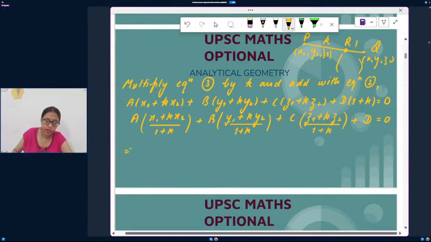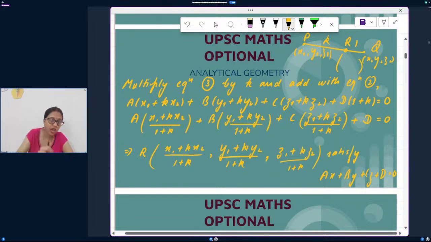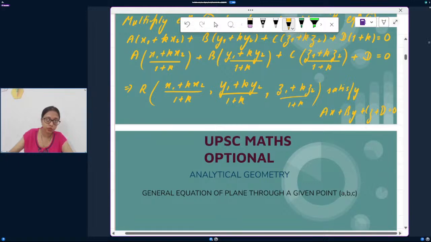It implies that a point R, which is ((x1 + kx2)/(1 + k), (y1 + ky2)/(1 + k), (z1 + kz2)/(1 + k)), satisfies ax + by + cz + d = 0, where this R point is nothing but an arbitrary point on the line joining P and Q.